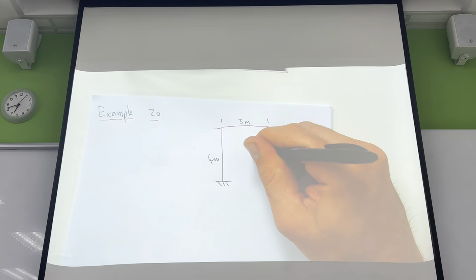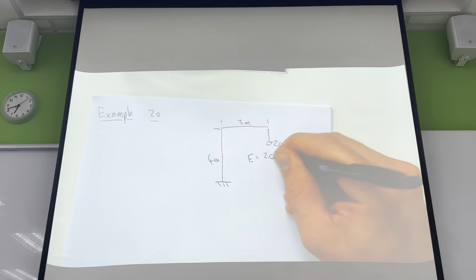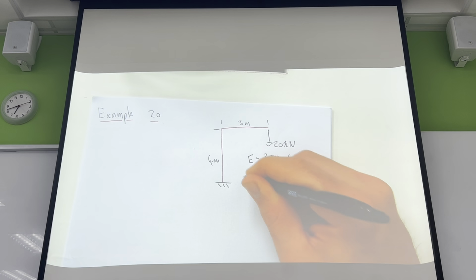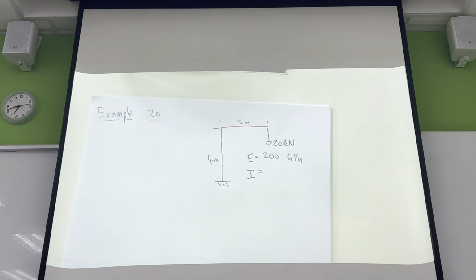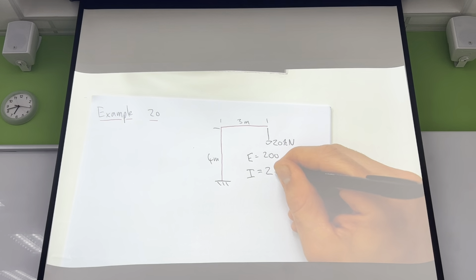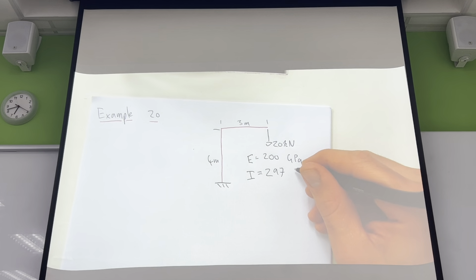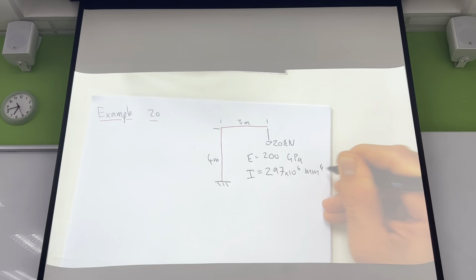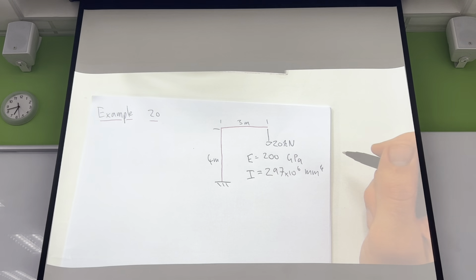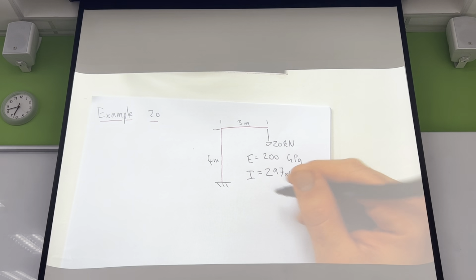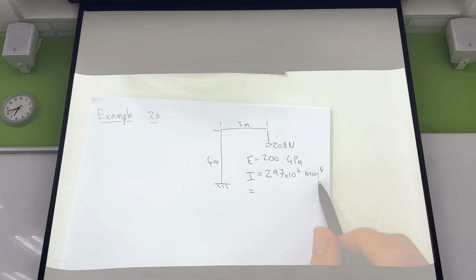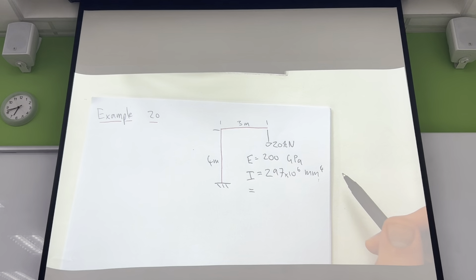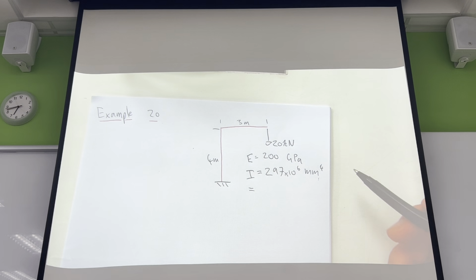It's made out of steel, so that has a modulus of 200 gigapascals and a second moment of area of 297 by 10 to the 6, and I gave that to you in millimeters to the fourth. If we want to get that into meters, to convert from millimeters to meters, you divide it by 1,000.